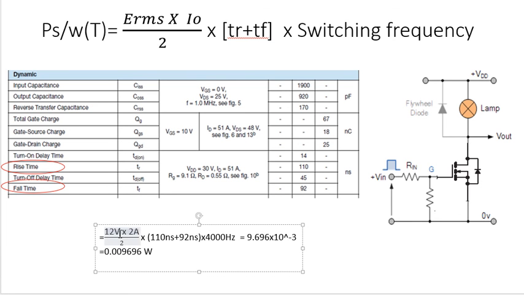Here it is the applied voltage, this is the current flowing through it, divided by 2, into the addition of rise time and fall time, multiplied by the switching frequency. This is the frequency of this pulse, and here we have got the losses. This is also very small, 0.009696 watt, so we can ignore this for this case.